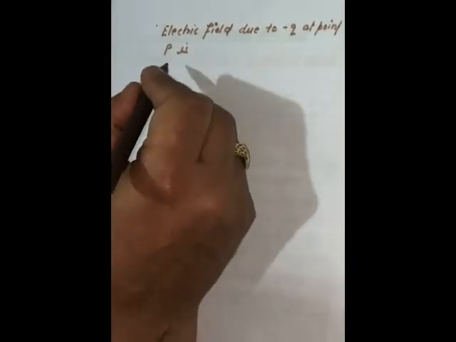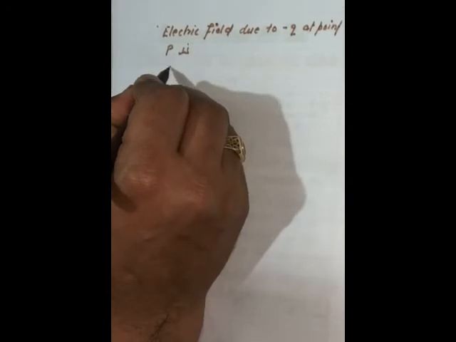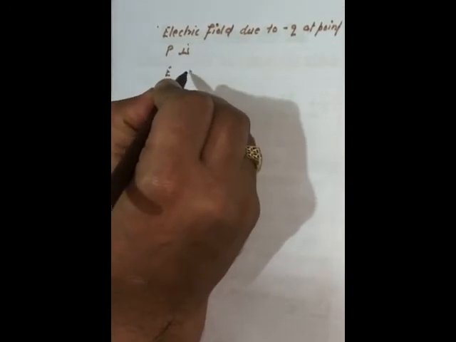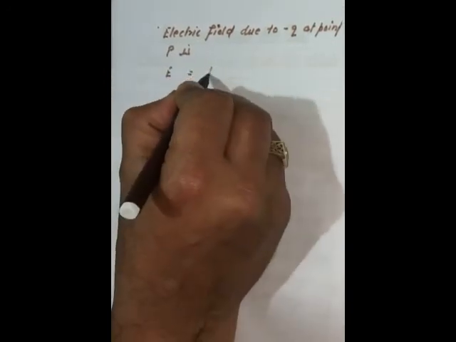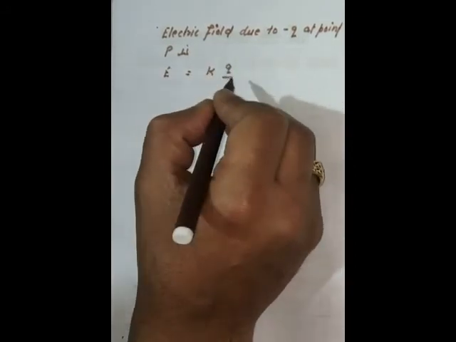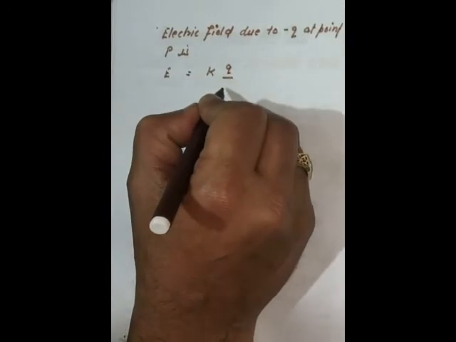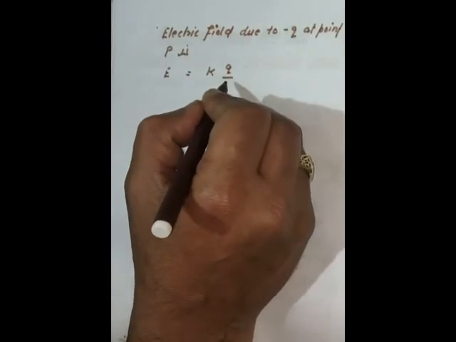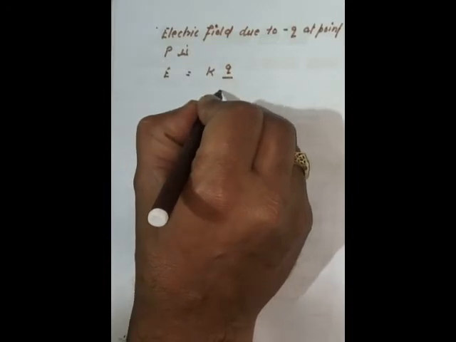is, what is the electric field at that time? Electric field E equals KQ upon R square. What is the R square at that time? R plus L. Okay.